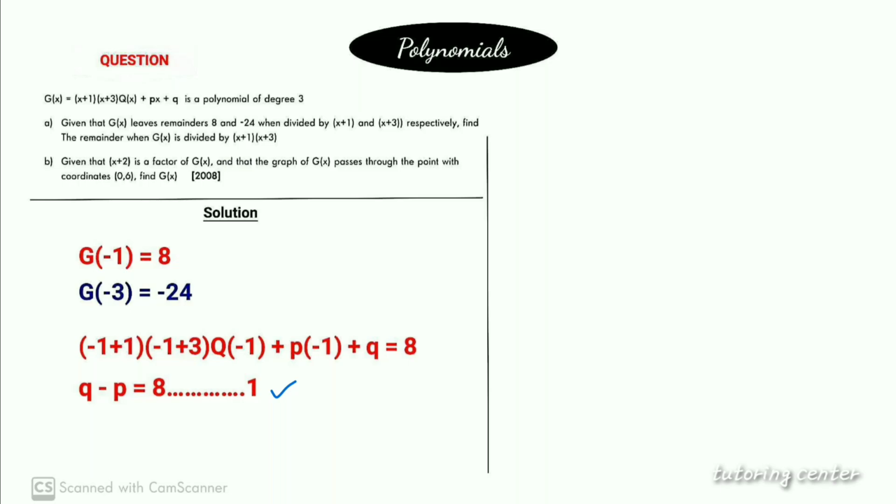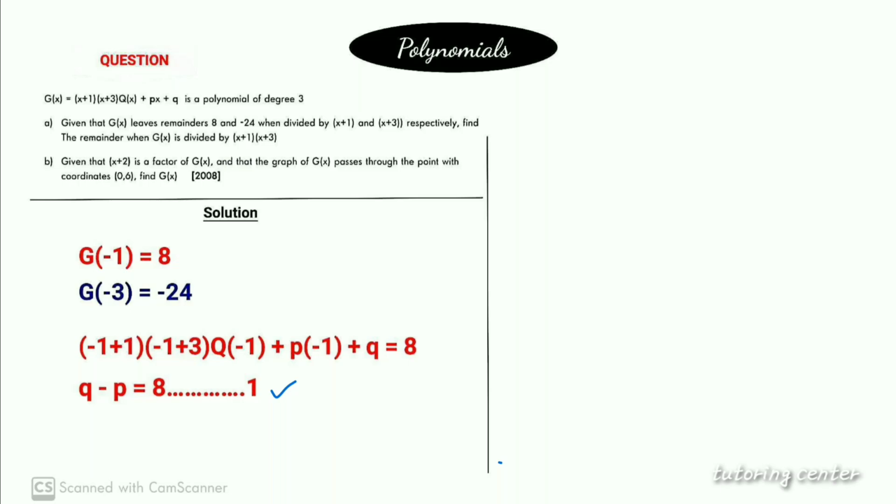In most cases, the factor divides a polynomial and leaves a remainder of 0, but in other cases like this, the remainder is not 0. In this case, the remainder is 8 when it's divided by x + 1, and negative 24 when it's divided by x + 3.